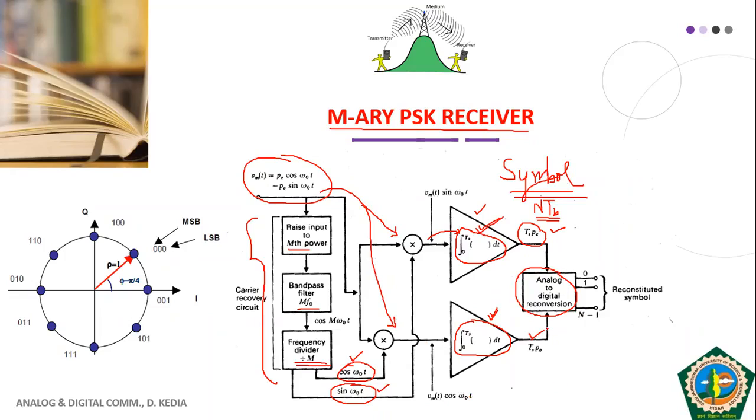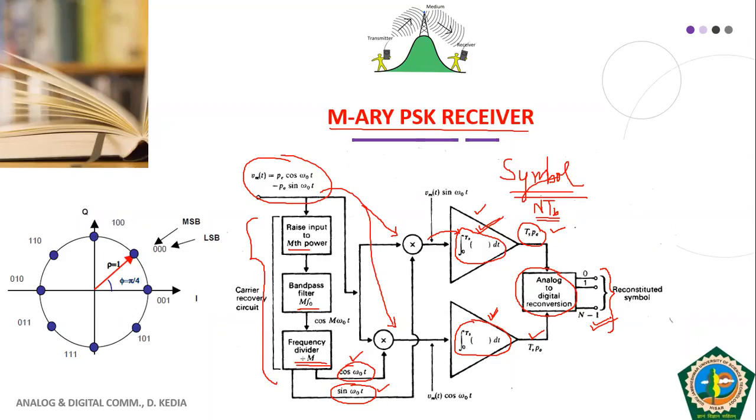After that we are able to reconstitute and recover our n bit digital symbol. Fine. So this is how we receive our M-ary PSK signal.